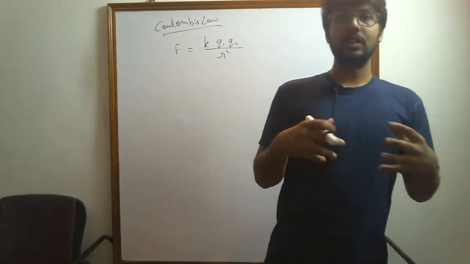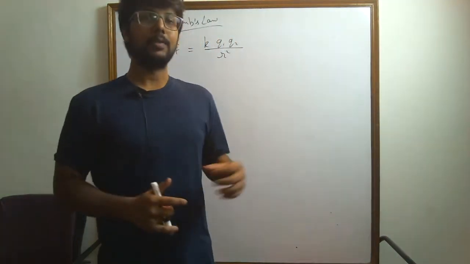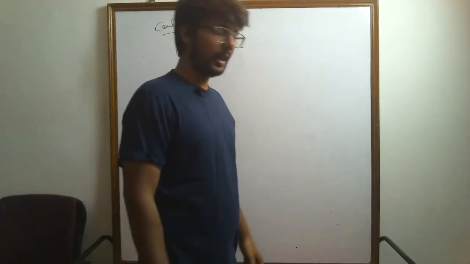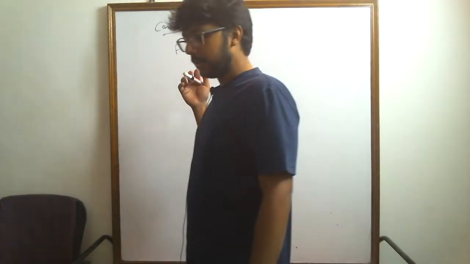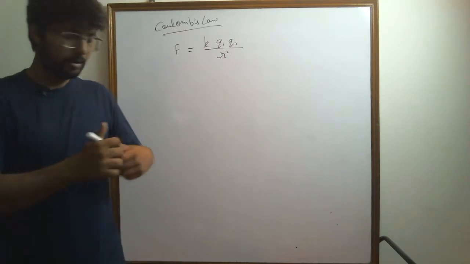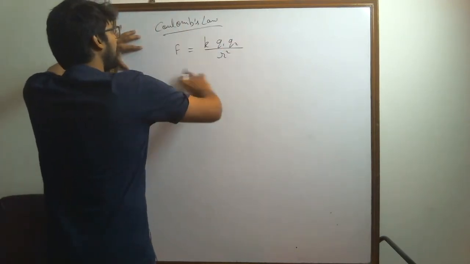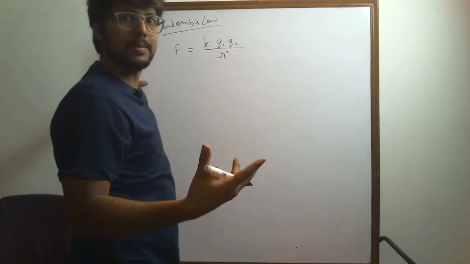He essentially figured out this ratio, and through this ratio he was able to give us this observation and this relation, right? Till now we do not know what charge is, right?